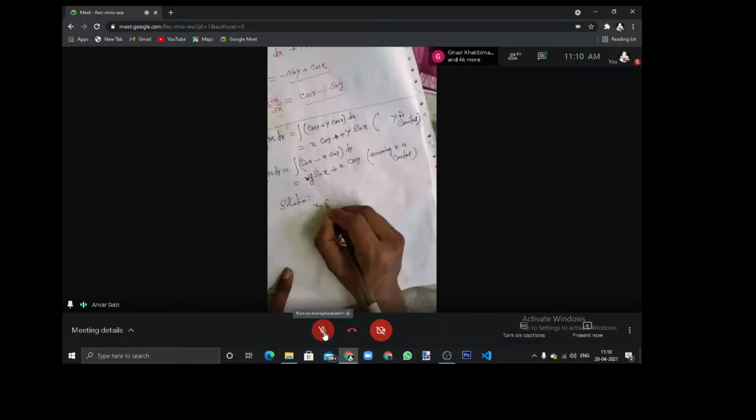Look here, d of u v: x into the derivative of cos y, which is minus sin y, plus cos y into the derivative of x, which is dx. So this equals this. After integrating both sides, this is the actual solution. You can solve the differential equation in this way or in this way.